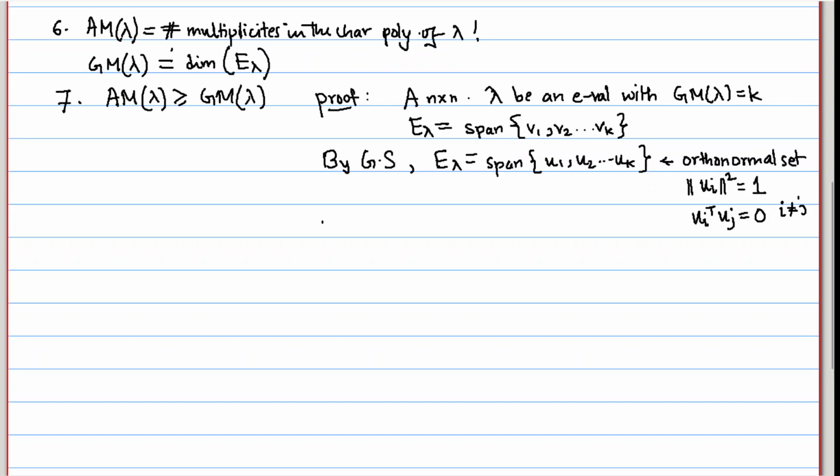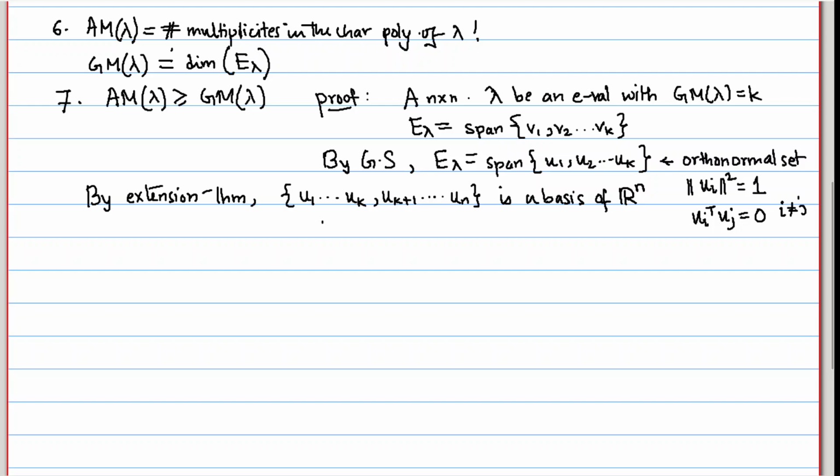Now by the extension theorem, we can extend this to a basis in Rn, which means u1 up to uk, and then it is extended, say uk plus 1. We are adding additional vectors, and this is a basis of Rn, or Fn, whatever.